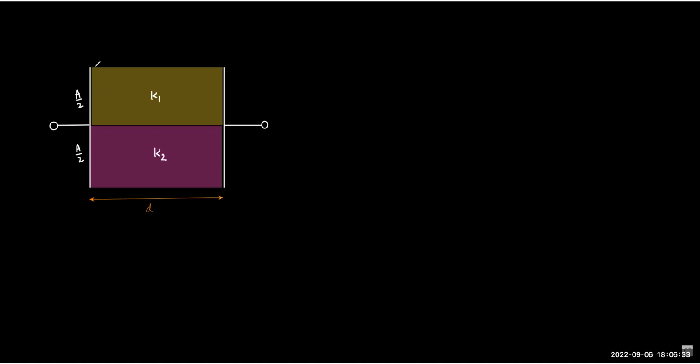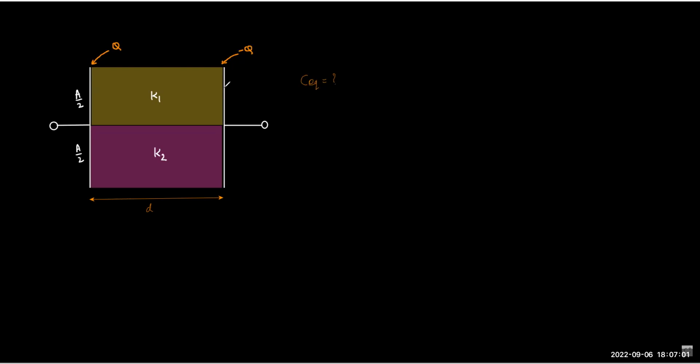You can see the plates are left and right, and so are the terminals. Now the question is, we are supposed to find the C equivalent. Our method is like we always give some charge to the plates. You can give charge plus Q to one and minus Q to the other.